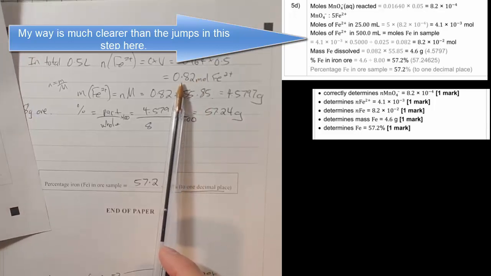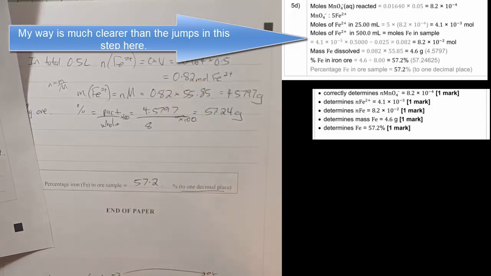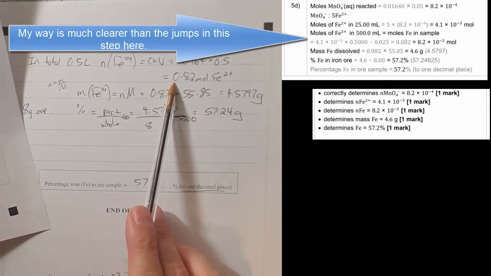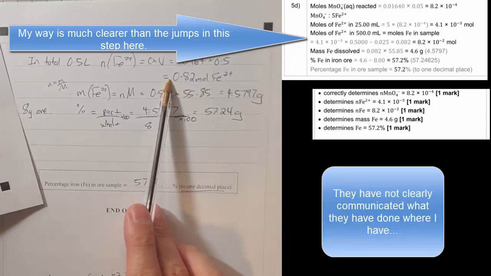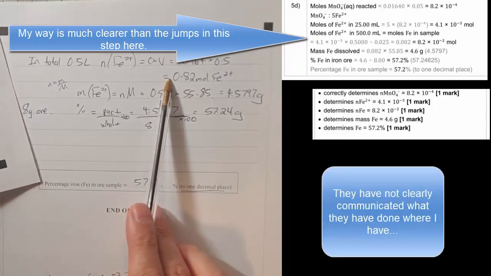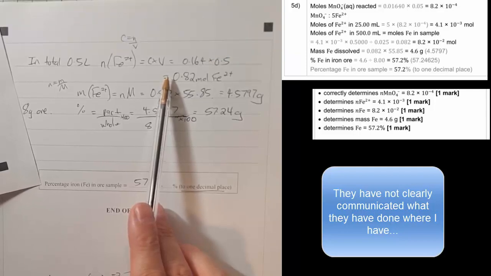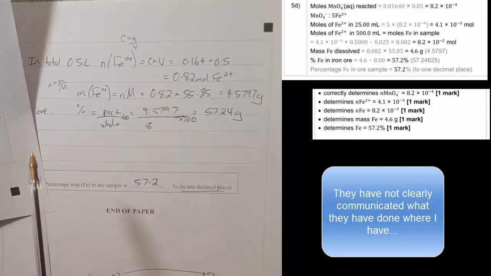I prefer to do it the way I did it. It's just a slightly different step there. They've gone straight from the mass dissolved and times it out somewhere else or something. I don't actually care to know, to be honest.